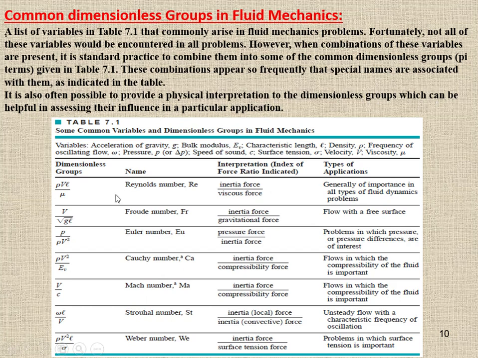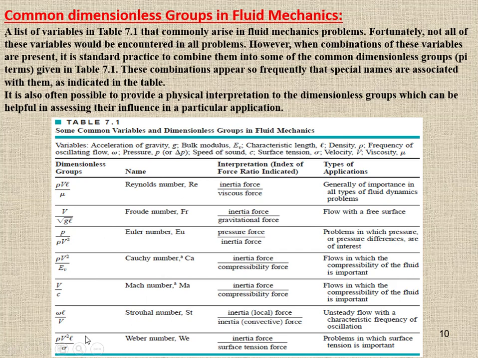For example, a very famous dimensionless number is the Reynolds number. The Reynolds number is the ratio of inertia force and viscous force, which we will explain in the next lecture, and it is generally of importance in all types of fluid dynamics problems. Wherever there is a fluid flow, you will see this dimensionless number appear. The other dimensionless numbers are also mentioned here.